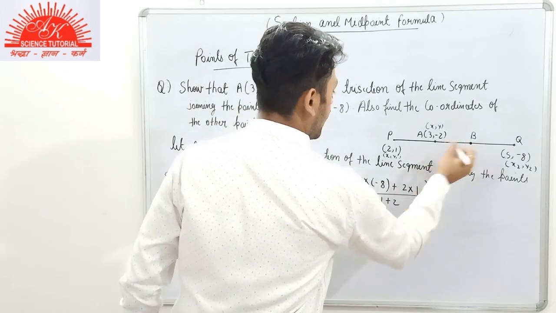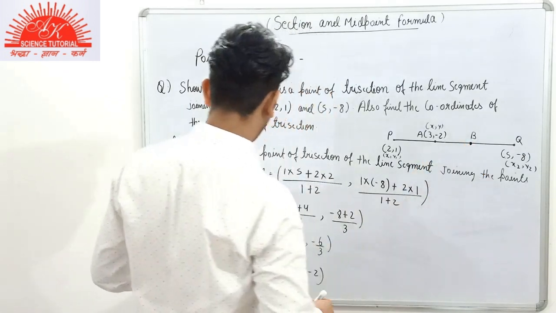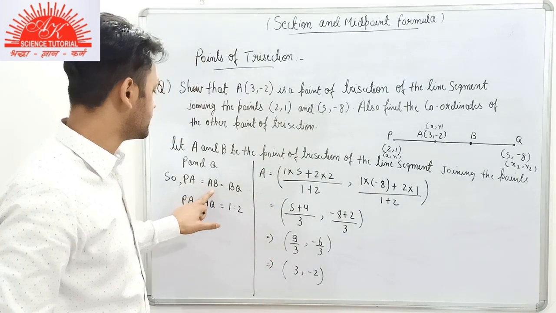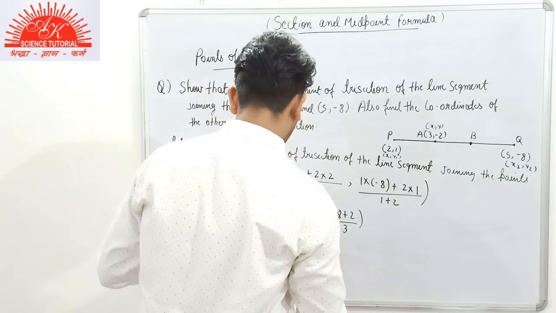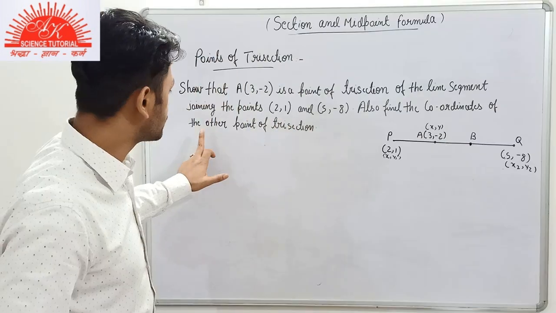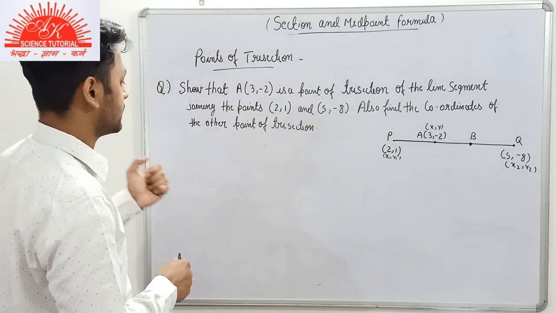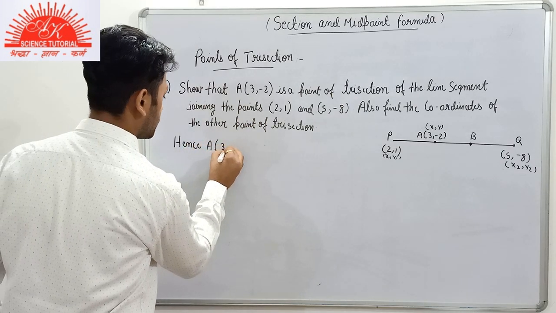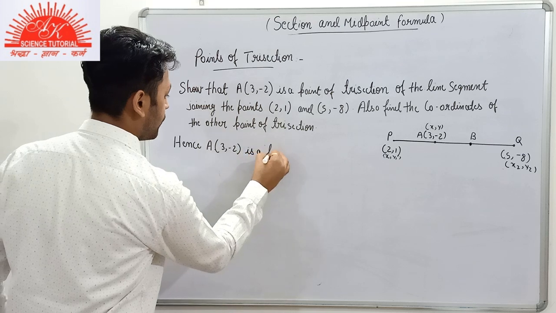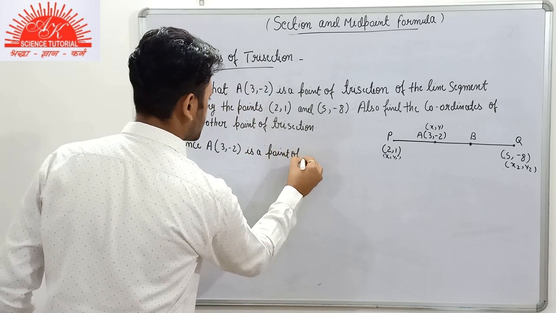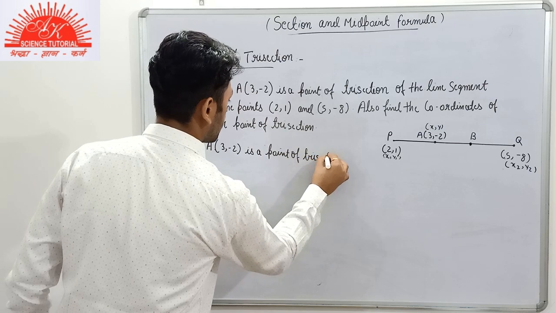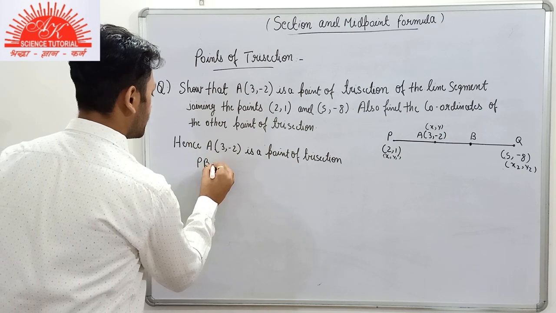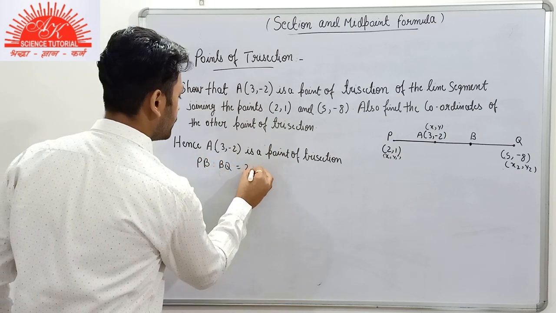So we will find the coordinates of B by using the ratio. Since A is the point of trisection, it means PA is equal to AB is equal to BQ. We have shown that A is a point of trisection, that means PB is to BQ is equal to 2 is to 1.